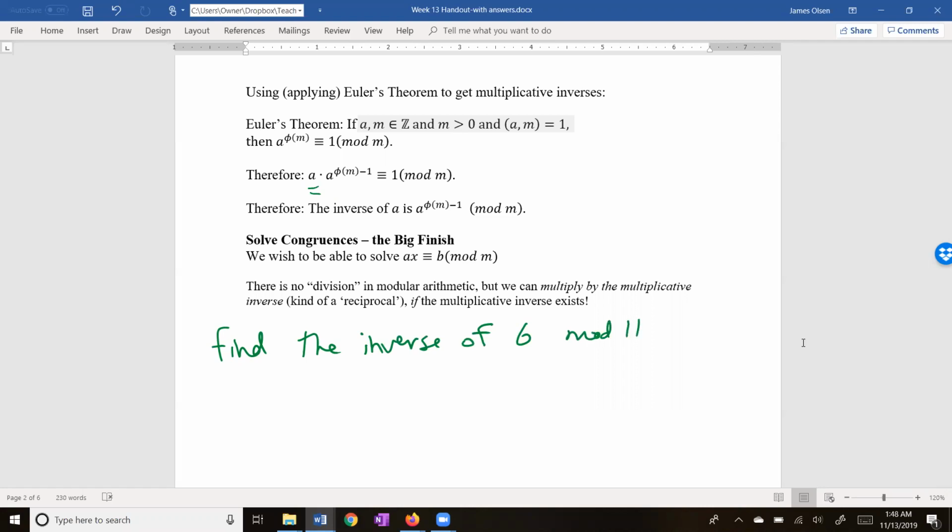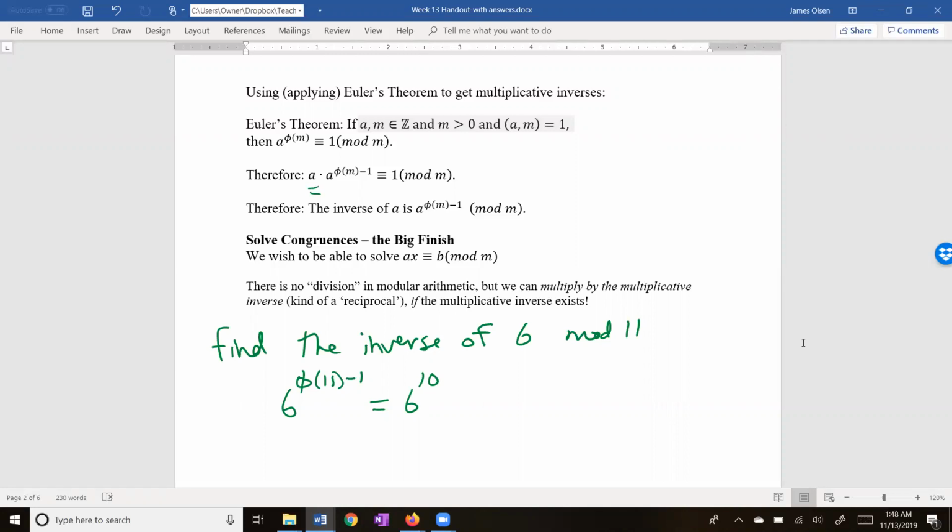This is a little bit of a trivial one, but I think it's a good first example. I want 6 to the phi of 11 minus 1. Phi of 11 is 10, so I want 6 to the 9th power. I'm going to run this into a calculator, get a huge number, and then simplify that mod 11.